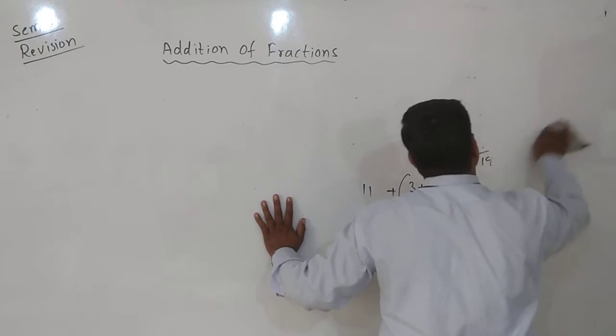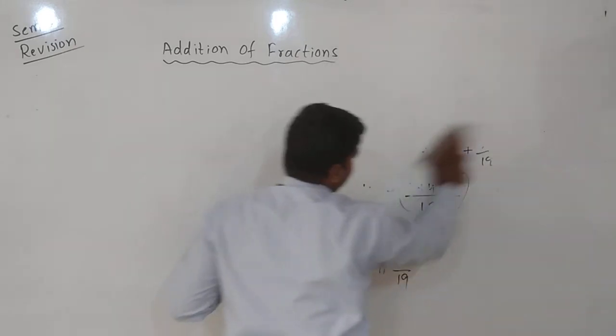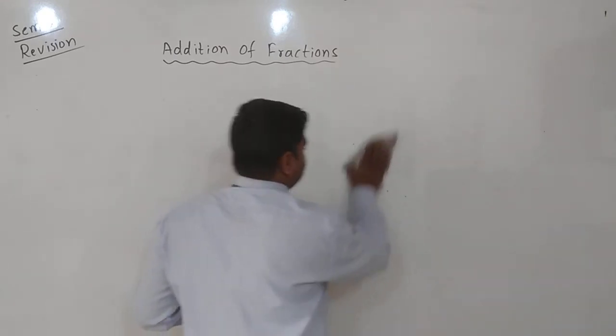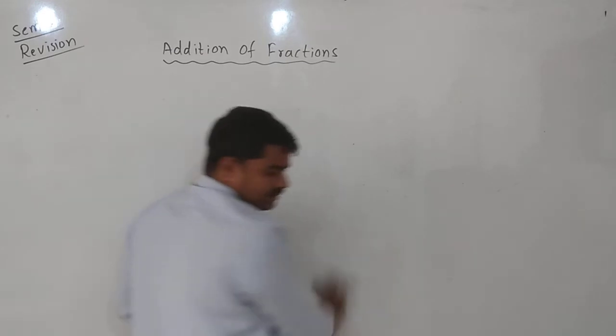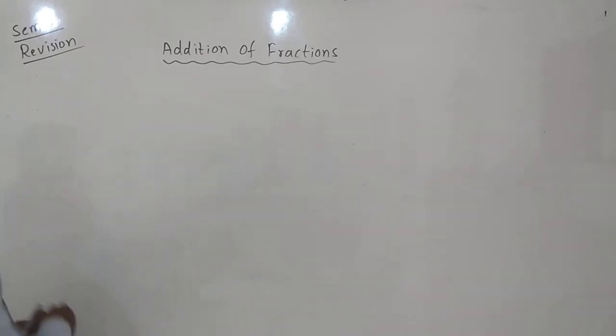LCM means least common multiple. By getting the LCM of the numbers, just convert these unlike fractions to like fractions.